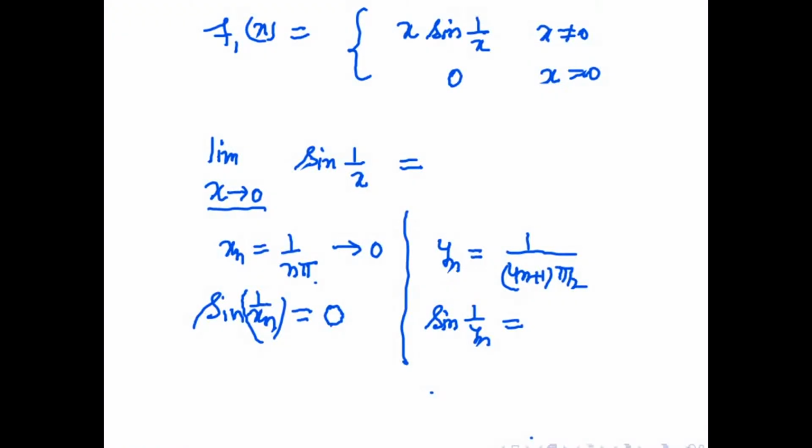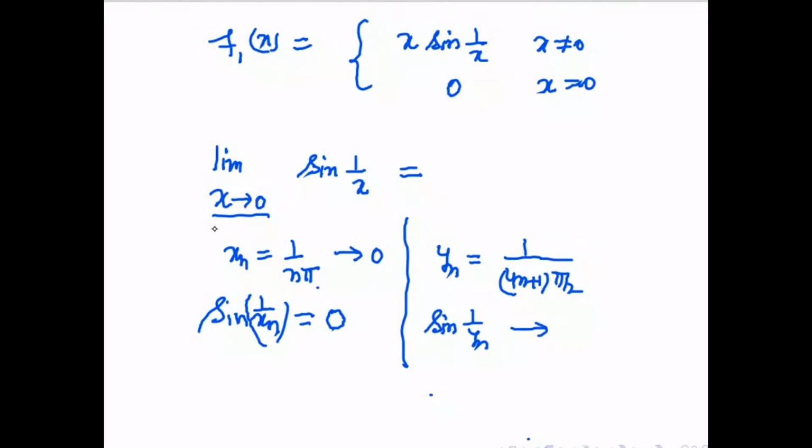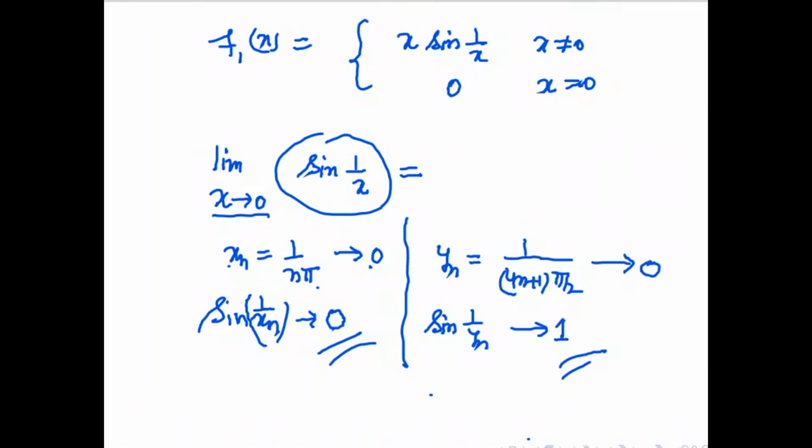So like that also we can prove that the limit does not exist. See, the limit of both sequences is 0, x tending to 0, but the functional value sine 1 by x, in one case it is coming 0, in another case it is coming 1. That is not possible because if the limit exists, it must be unique. So it is going to different numbers. So this limit doesn't exist by the sequential criterion, by using sequences.